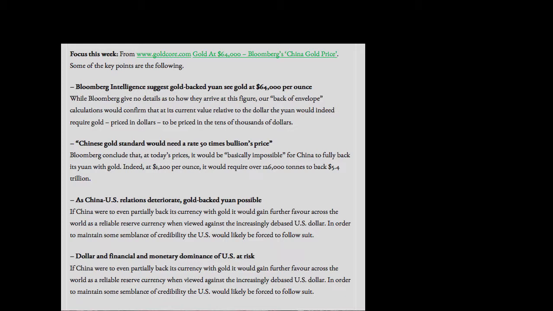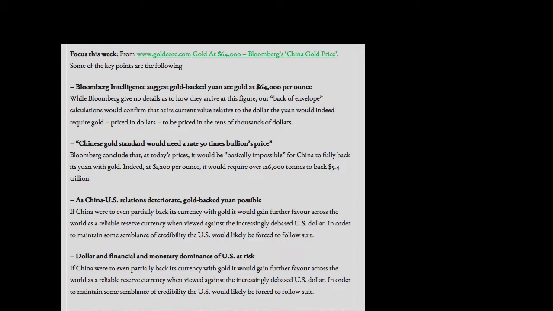While Bloomberg gives no details as to how they arrive at this figure, our back-of-envelope calculations would confirm that at its current value relative to the dollar, the yuan would indeed require gold, priced in dollars, to be priced in the tens of thousands of dollars. A Chinese gold standard would need a rate 50 times the bullion price.